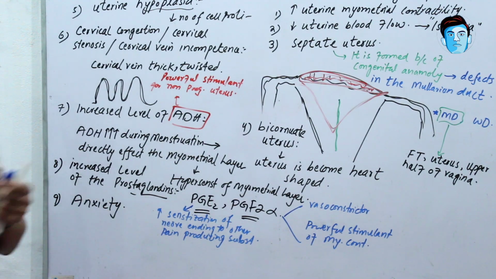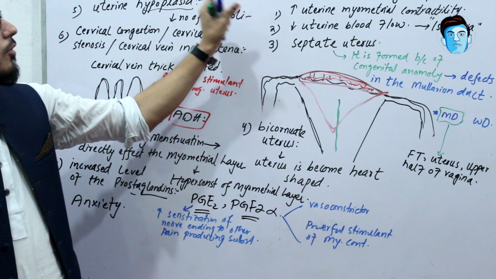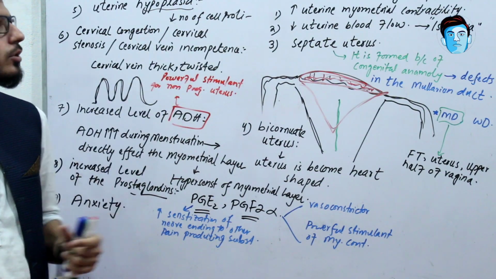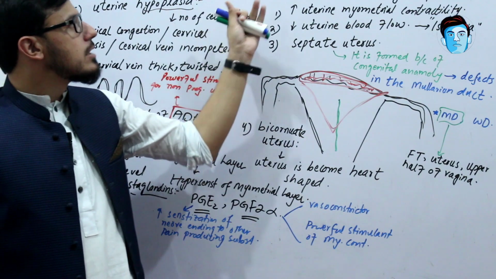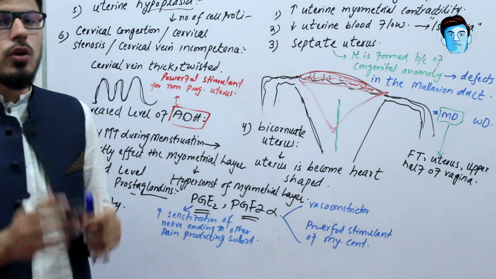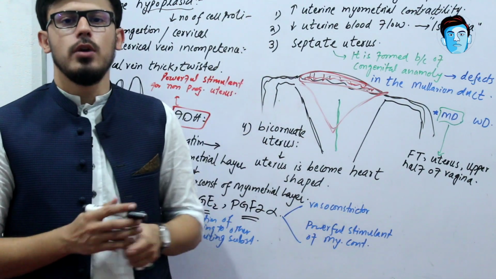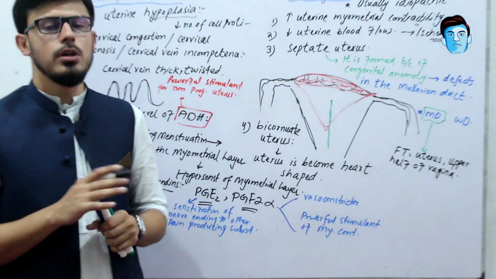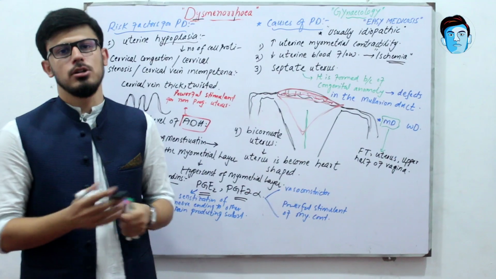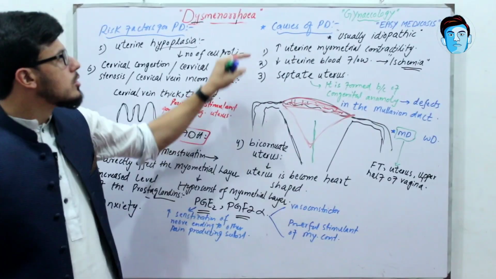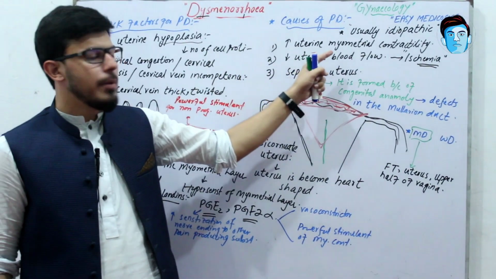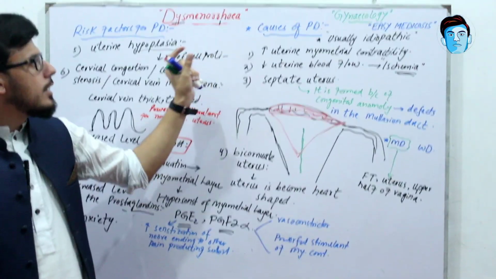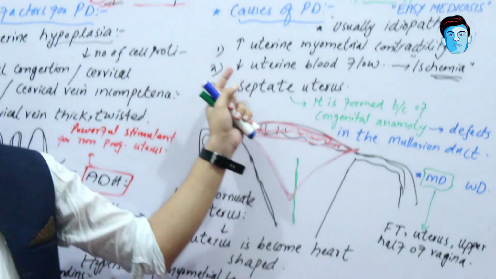So students, that's all about the major causes for primary dysmenorrhea. It is worth noting what the causes are. Though the cause of primary dysmenorrhea is unknown and usually idiopathic, there are certain theories put forward to explain the possible reasons. The first is increased uterine myometrium contractility. The second is decreased uterine blood flow.